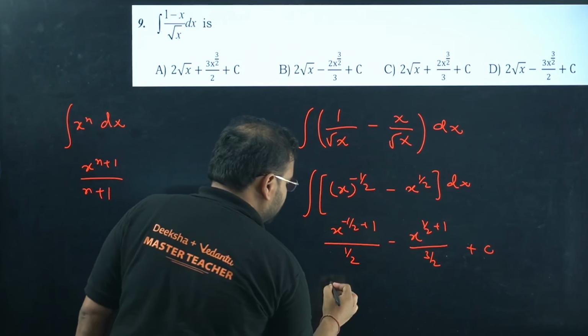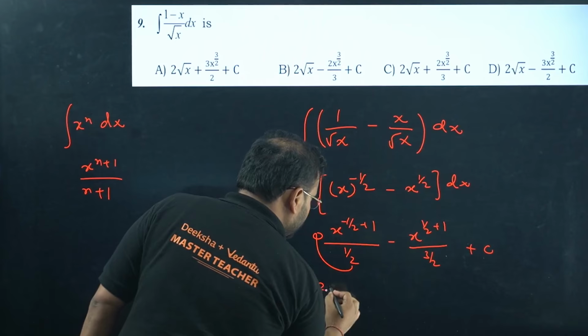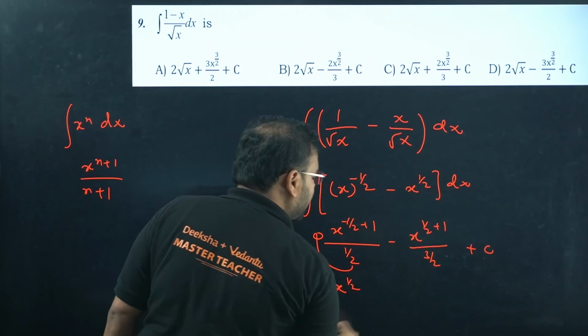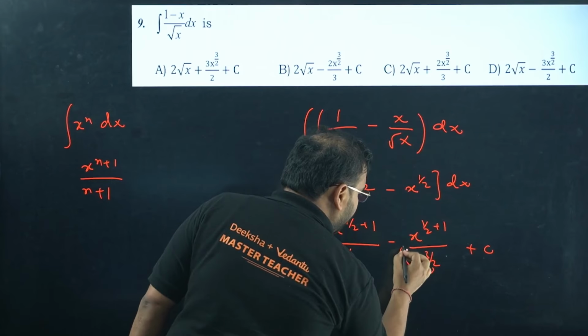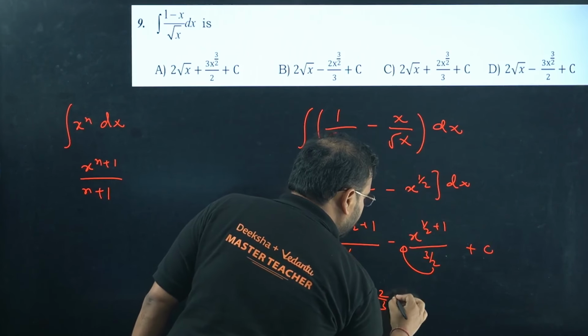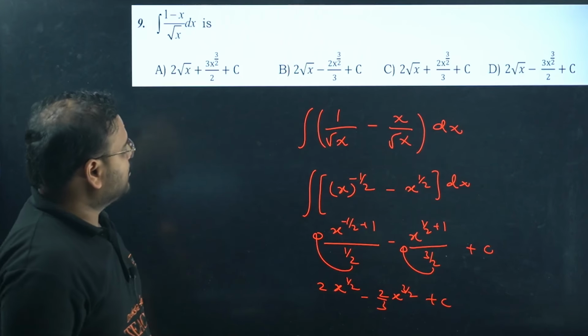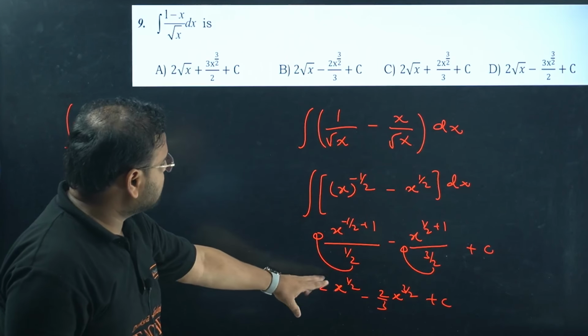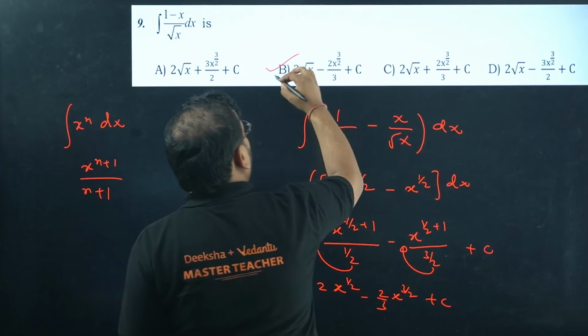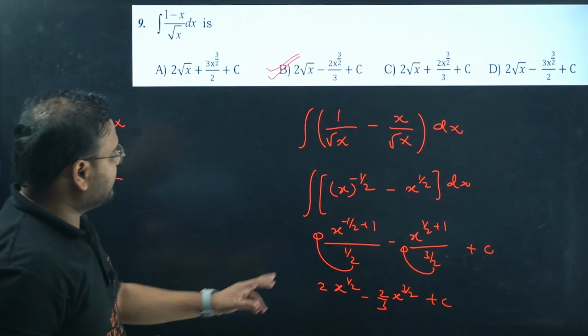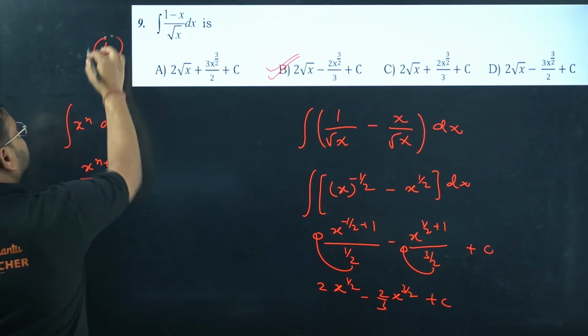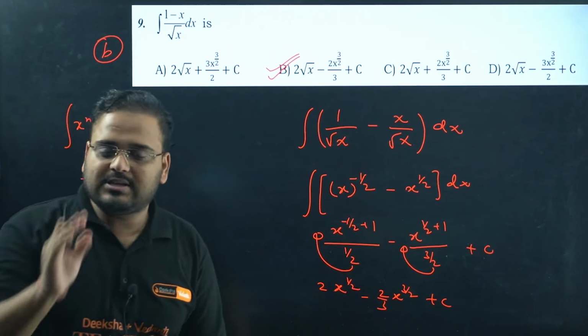Okay, so we have here the answer as this 2 will go up, 2 times of x power 1 by 2, and over here this 2 will go up. I get 2 by 3 x power 3 by 2 plus c. Okay, so 2 root x, yeah, option B makes sense with the minus sign, right? Option B is correct. Simple question, very simple problem.